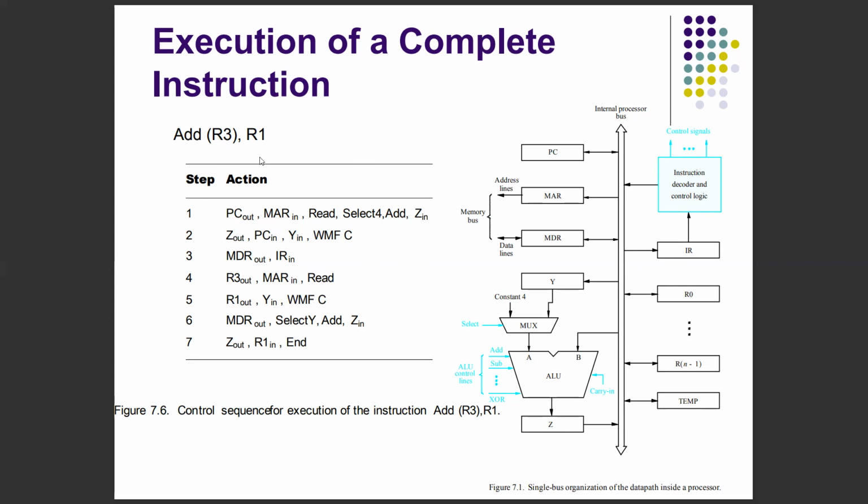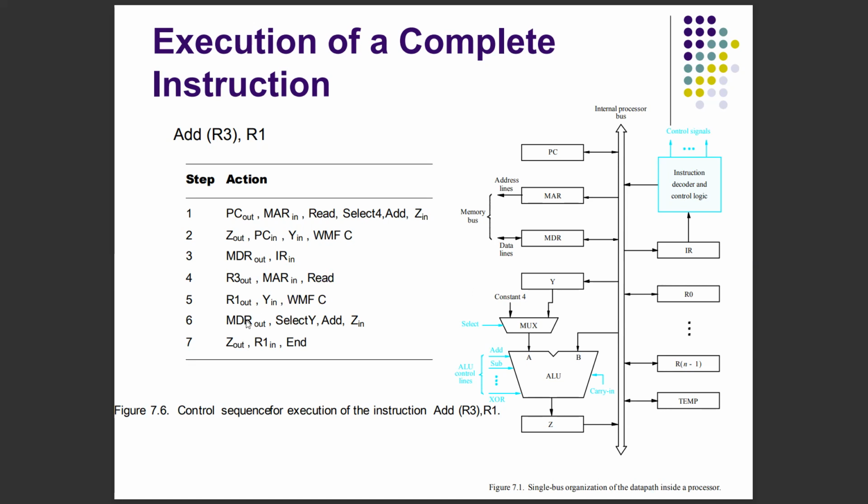R1 contains the actual data, because the instruction indicates that R1 contains the actual data. So that is forwarded onto the common bus and goes to Y in. Then we have to wait for the memory function to be completed, because we already initiated the read cycle in the previous clock.